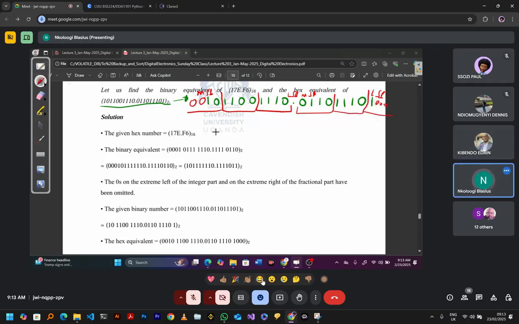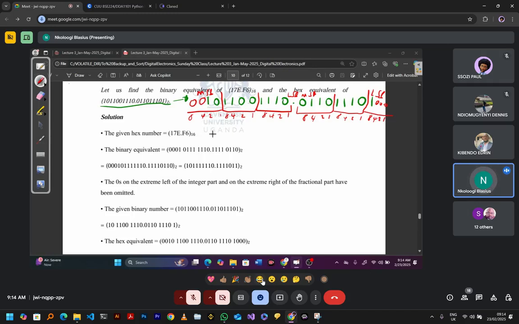Then what next? Convert. We start the conversions. If you have the powers here, you have 1 2 4 8, 1 2 4 8, and so on for each group.